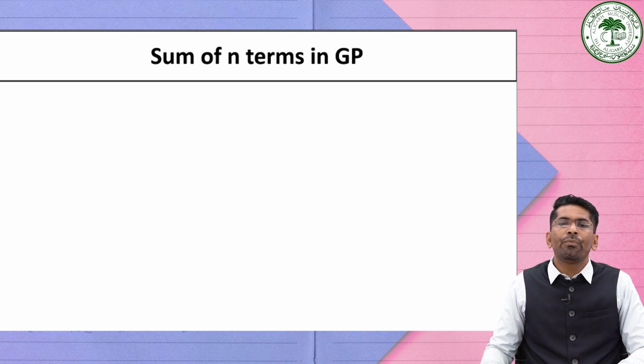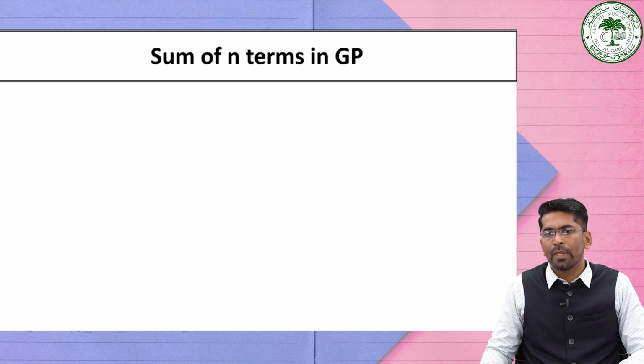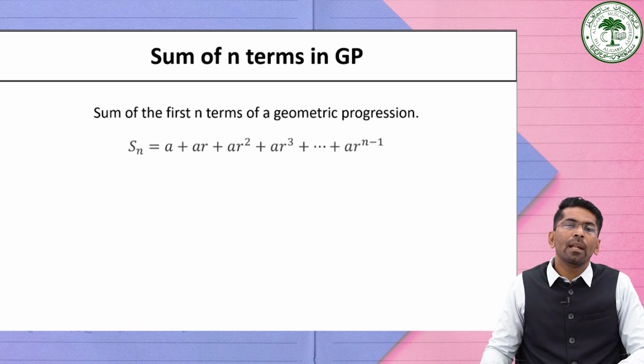Now we are going to find the sum of n terms in a geometric progression. Suppose we want to find the sum of the first n terms in the geometric progression. Then Sn is equal to the first term plus the second term, ar, plus the third term, ar square, plus ar cube, up to ar raised to the power n minus 1.